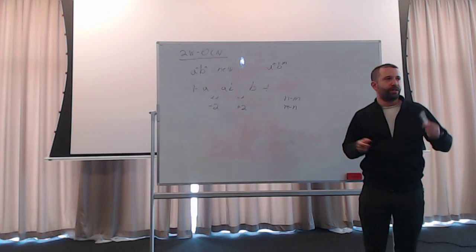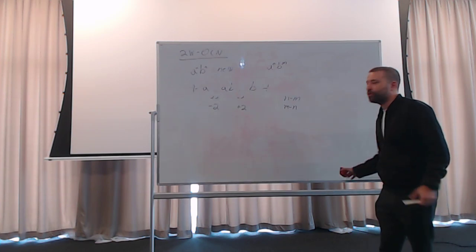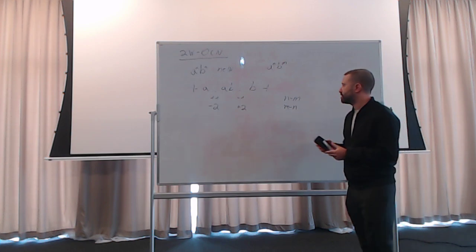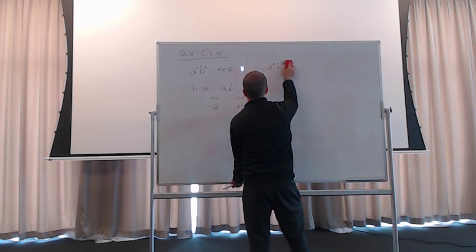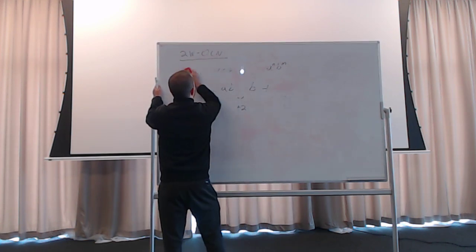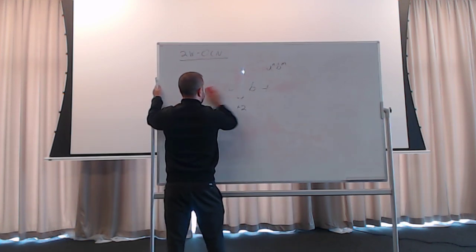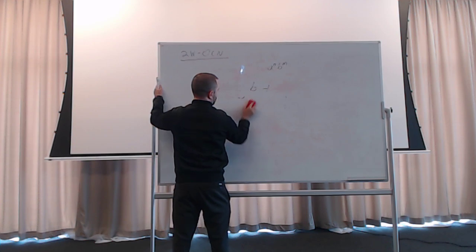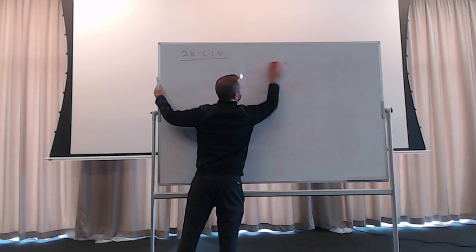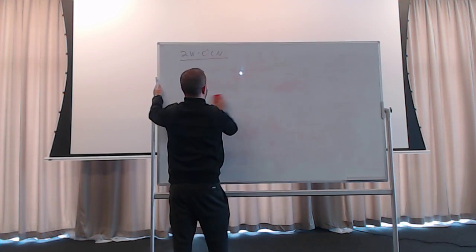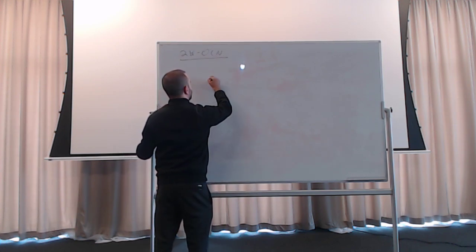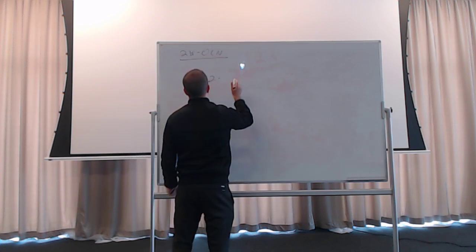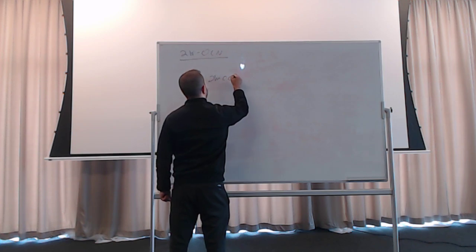So, what's open? A few closure properties. I'll draw a table. There is the normal two-way OCN.